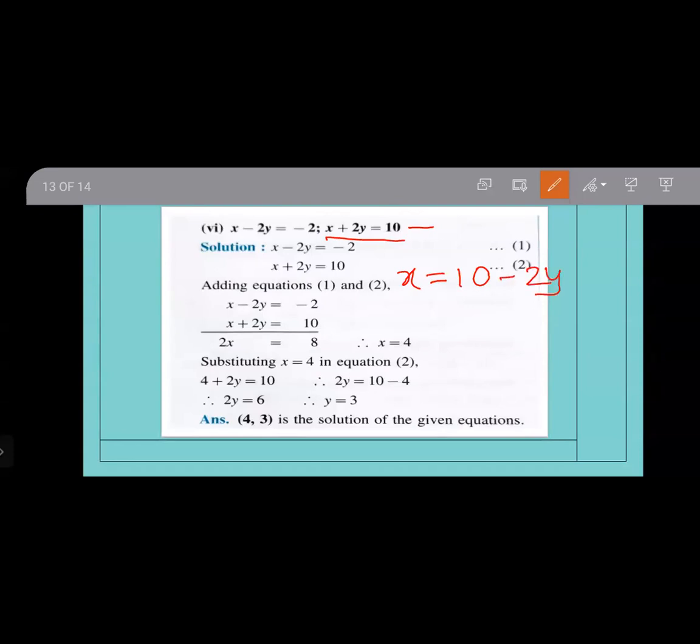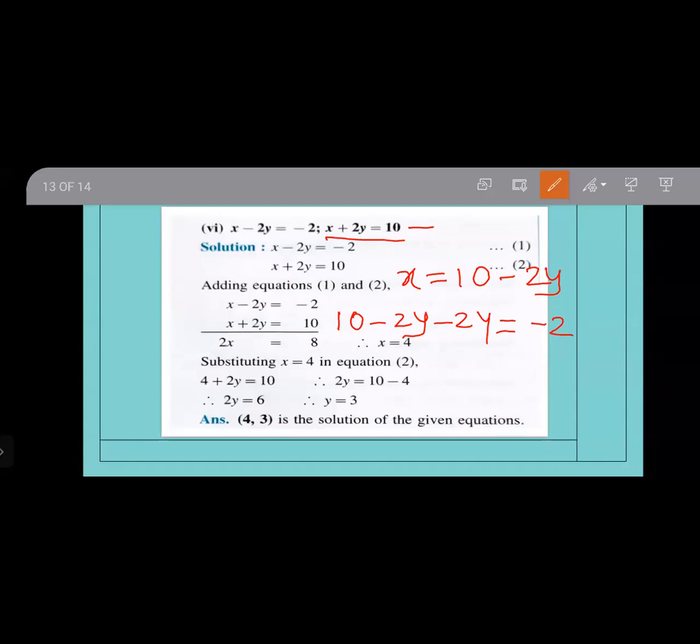I got the value for x from equation 2, so I will substitute it in equation 1. Let us check. x − 2y = −2. So 10 − 2y − 2y = −2. I have substituted.